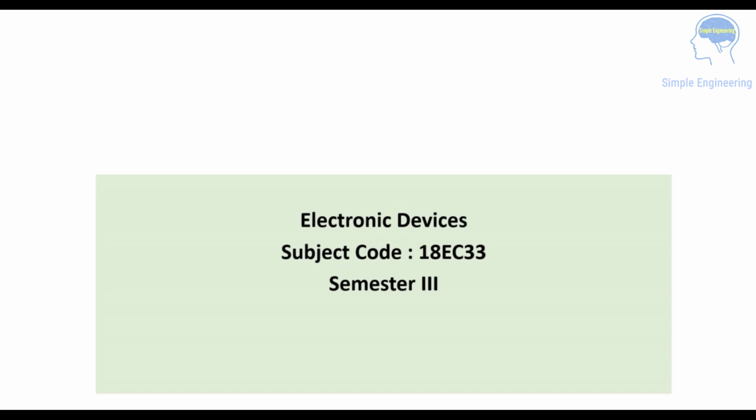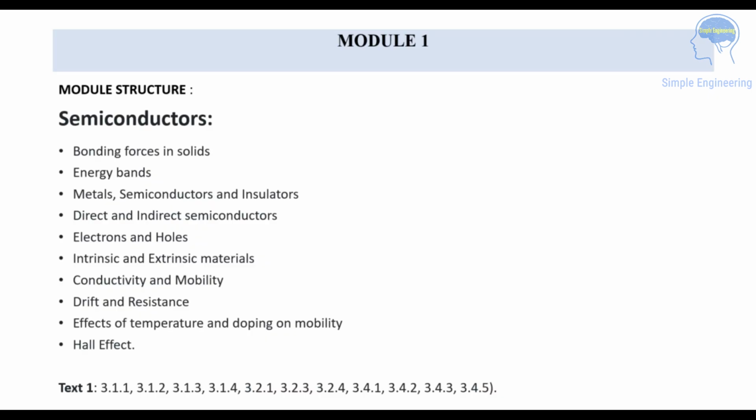Electronic devices, the subject code is 18EC33. It is for the semester 3 students. So the first module deals with semiconductors, where we are going to see bonding forces in solids, energy bands, metals, semiconductors and insulators, direct and indirect semiconductors, electrons and holes, intrinsic and extrinsic materials, conductivity and mobility, drift and resistance, effects of temperature and doping on mobility, and Hall effect.